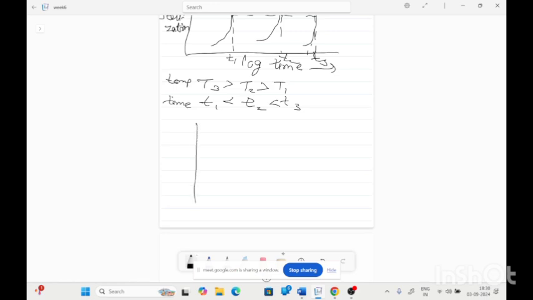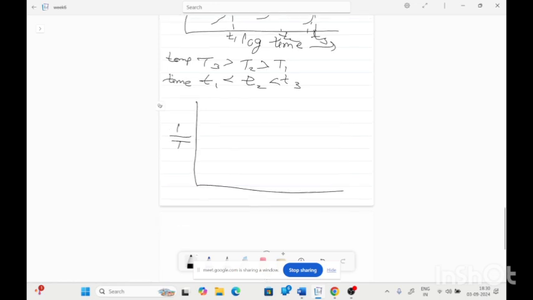And if we plot another graph, which is the reciprocal of absolute temperature, and this temperature is the recrystallization temperature, and here is the time for 50% recrystallization.